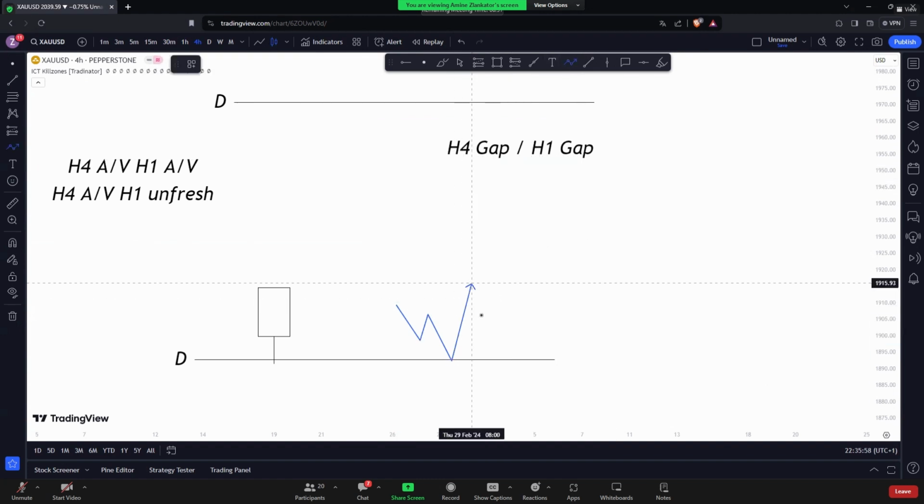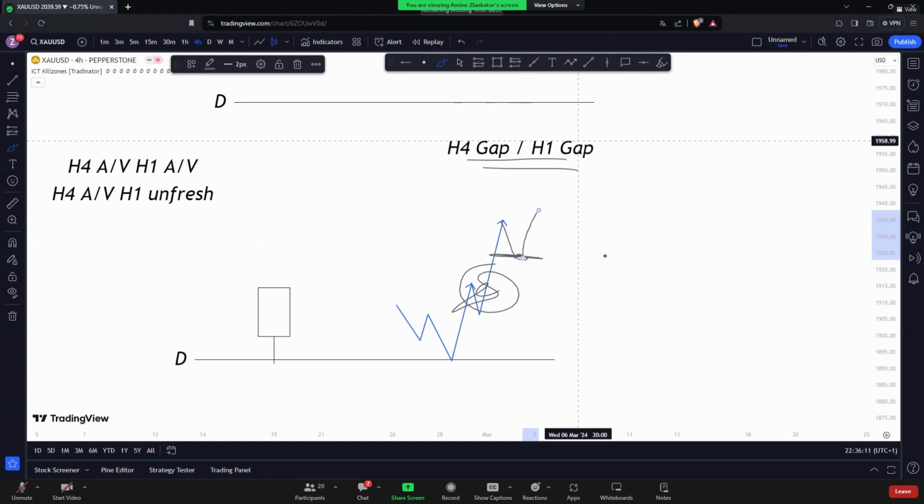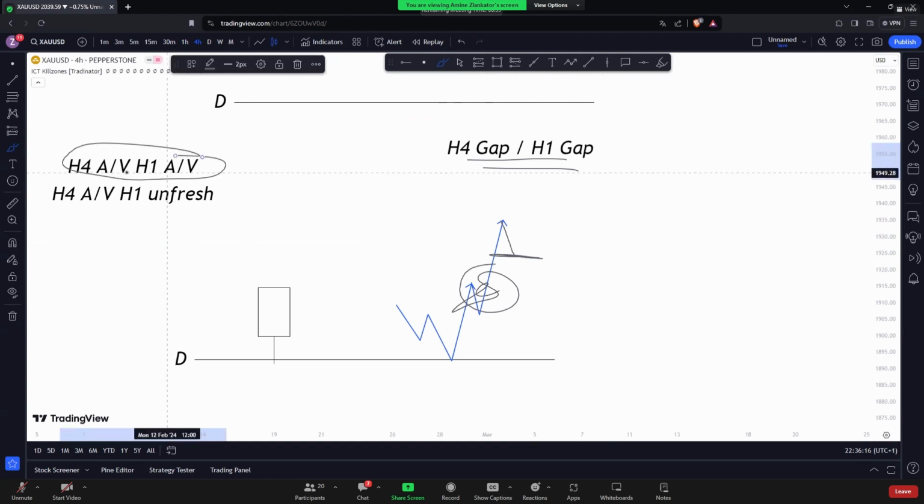Let's say you have a bullish move right here, and everything is unfresh. The only reason I would enter an H4 gap, H1 gap, fresh, is when they are the only levels that exist in there. This is the only setup I have, so there I enter. If I have a combo, let's say an H4 A or V aligning with an H1 A or V right below it, I would instantly ignore this and then buy.